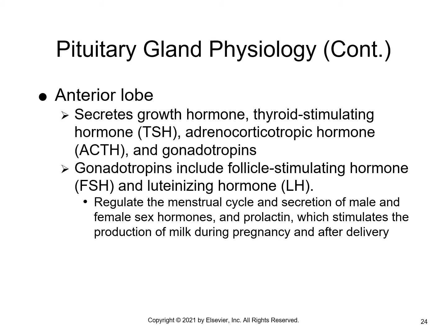It is also going to produce gonadotropins, and gonado has to do with our gonads, and these specific gonadotropins that it produces are follicular stimulating hormone and luteinizing hormone. Follicular stimulating hormone causes the production of follicles on our ovaries, whereas luteinizing hormone causes the ovulation of our ova.